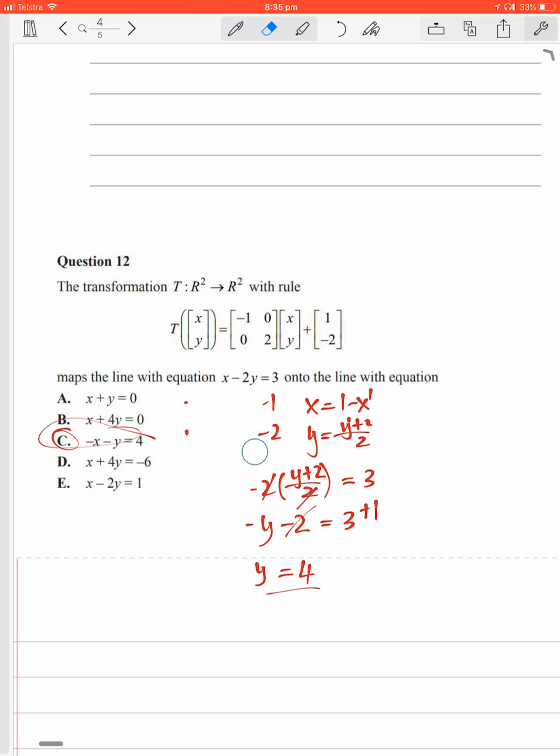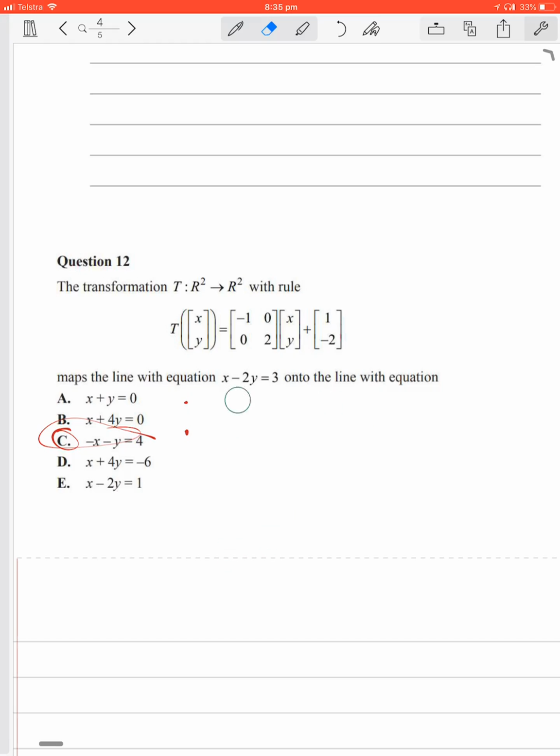If we want to quickly do it in the other notation. Okay, so x, y would go to, that's a reflection in the y-axis.